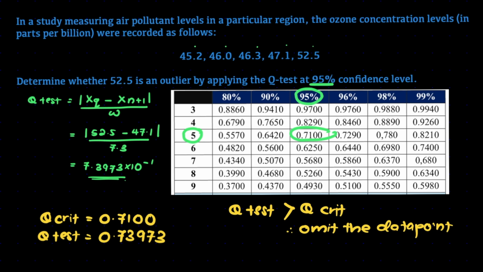In the question, you were asked to determine whether 52.5 is an outlier. Since we are omitting the data point, it is an outlier. So indeed this value is an outlier. This is the final answer for this question.